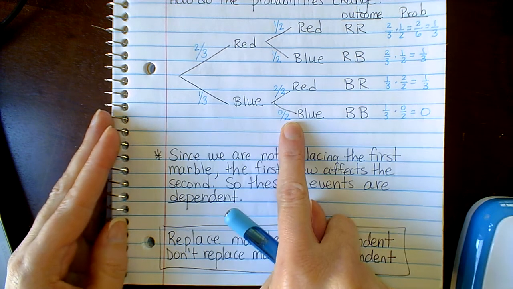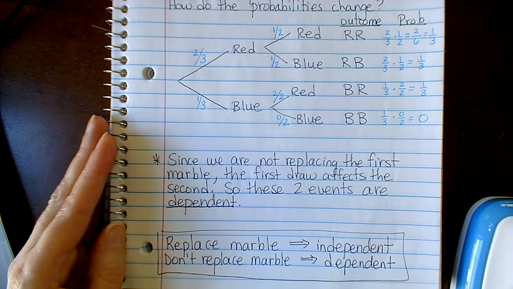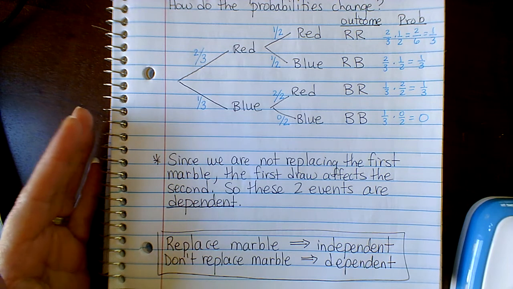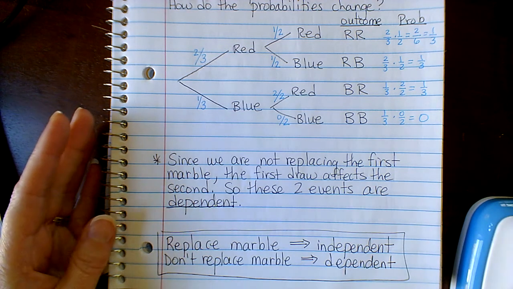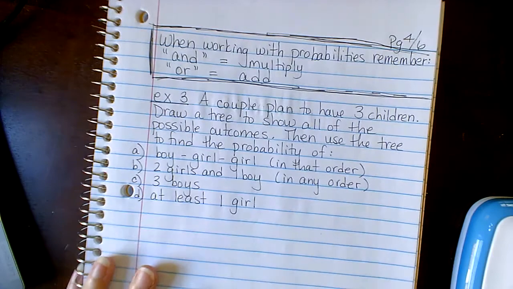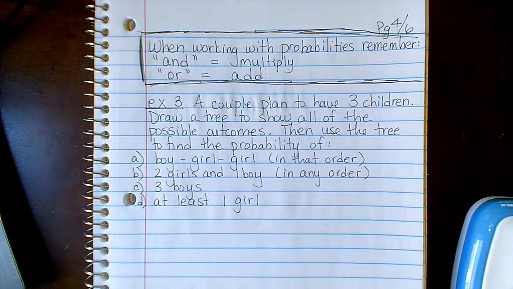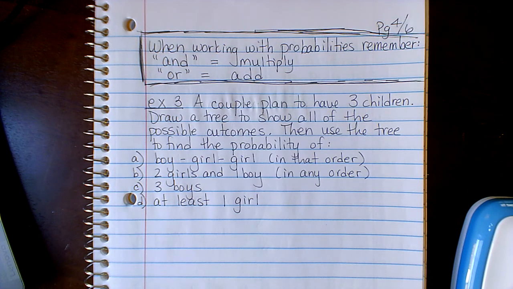These probabilities are dependent on whatever you picked first. They do have some kind of an effect. Now, when working with probabilities, remember, and means multiply, or means add. That's a really good rule of thumb when you're talking about probabilities.